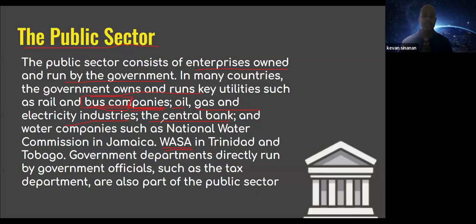So let's say, for example, building roads. Roads are very important. That's how we get a lot of our goods from point A to point B, how goods get into the grocery, and how we are able to go to the grocery to get goods. That's how we go to the hospital and to schools, with roads.